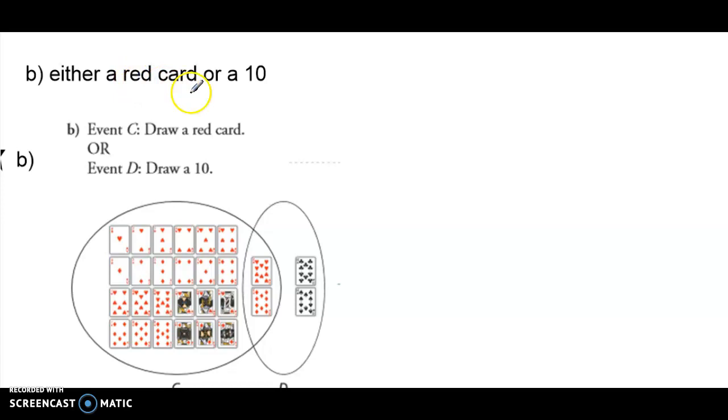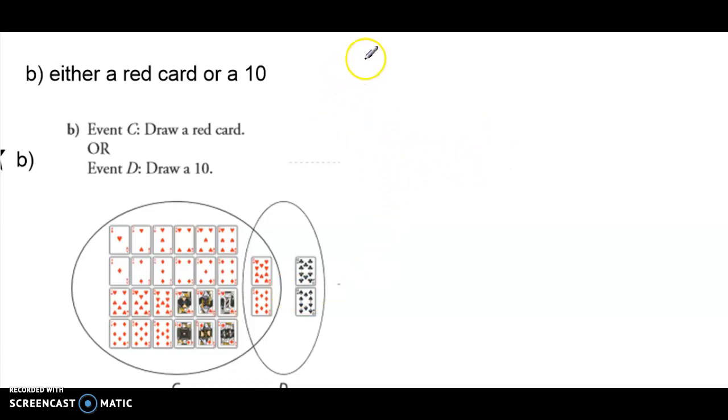There are 26 red cards in total, including the hearts and the diamonds, 13 of each suit. There are 4 tens in the deck of cards, 1 from each suit, but we can easily see that 2 of those cards, the 10 of hearts and the 10 of diamonds, belong to both sets. So these 2 sets have an overlap.